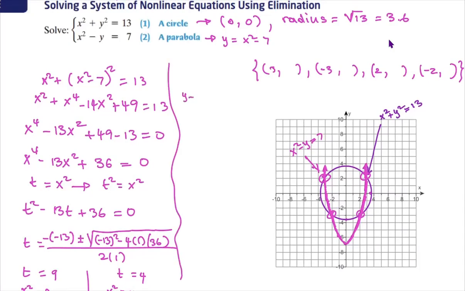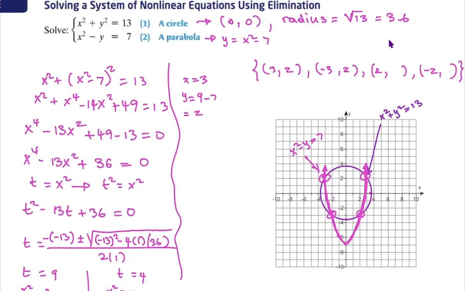So y equals x squared minus 7. That's 9 minus 7, so you got y equals 2, right? That's when x equals 3. And that's also 2, because negative 3 squared equals 9 and 9 minus 7.